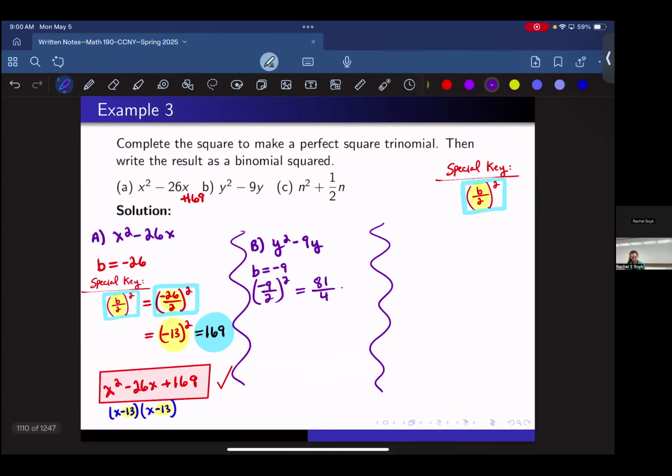That's our special number that we're adding. And so what do we end up getting? y squared minus 9y plus 81 over 4. And we're done.